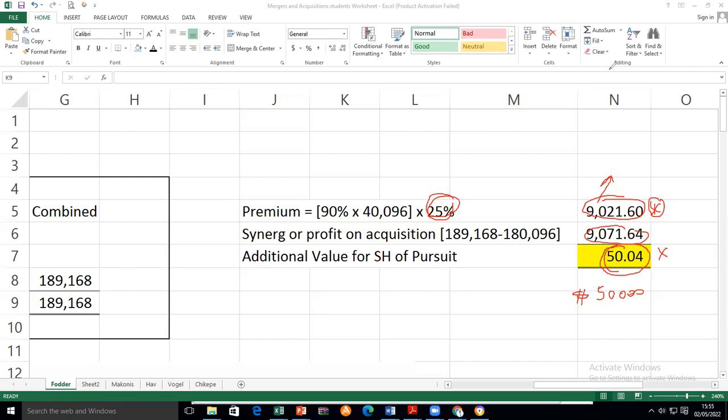So what do I want you to do now? Take this question at your own pace. After I've shared the spreadsheet, go through it again, understand what we have done, and try to see how you can set up these computations on your own again. I'll be sharing a question for tomorrow.